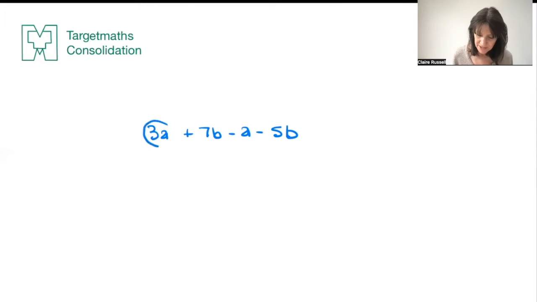So my first term is 3a. So I'm just going to work my way along looking for some more a's, and there they are there. So I'm going to ring those a's and stretch it across that sign. That sign is going to direct me, tell me what it is I need to do. So 3a, take away an a, is going to leave me 2 a's.